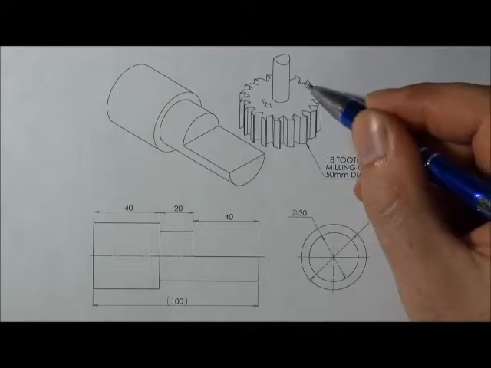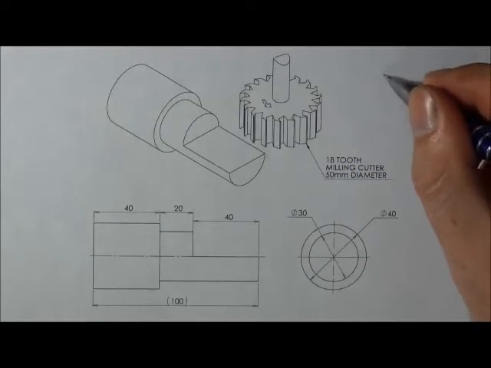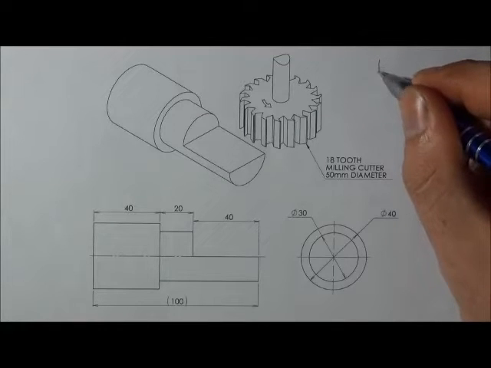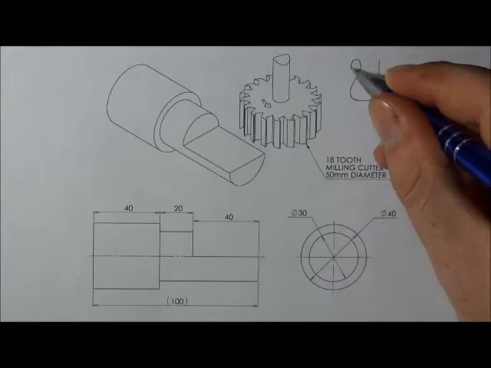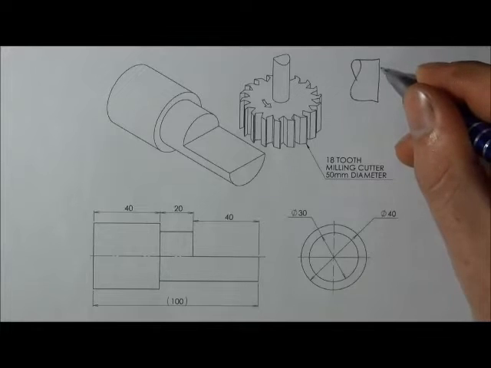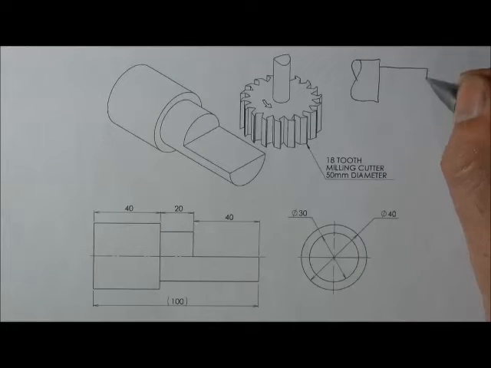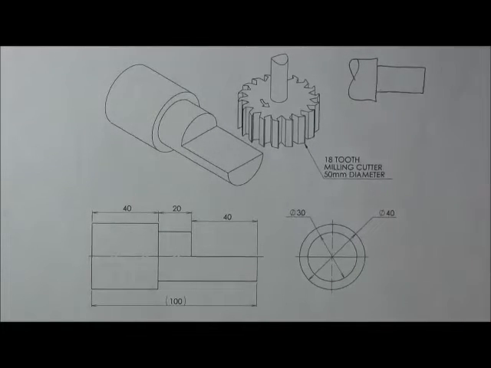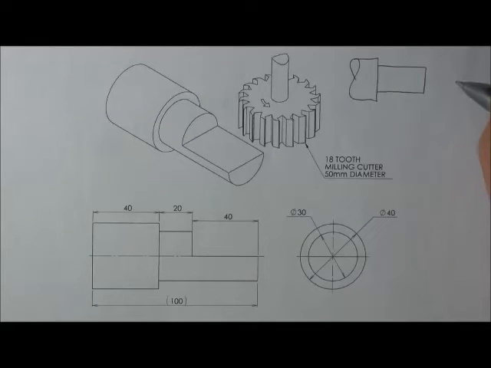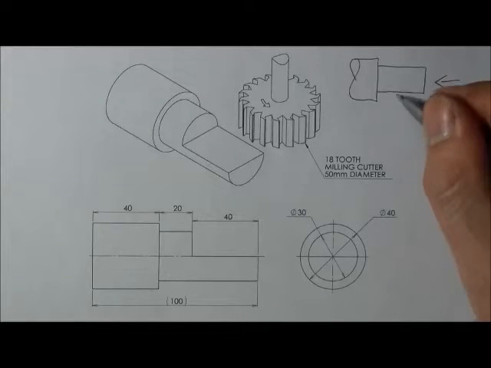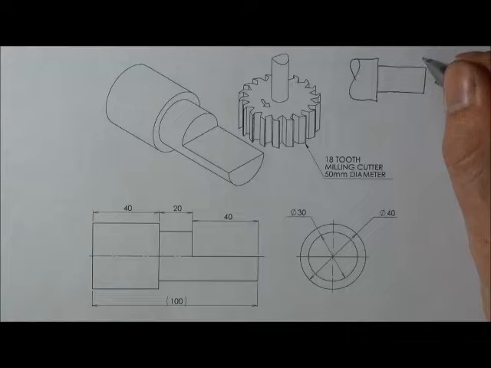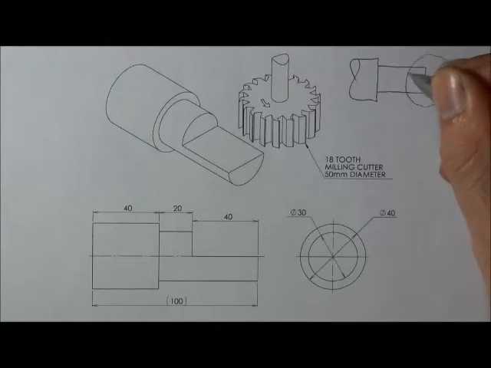Now remember, this cutter, if we view it from the top, if the cutter's feed direction was in an axial direction, then the cutter would actually cut an arc over there.